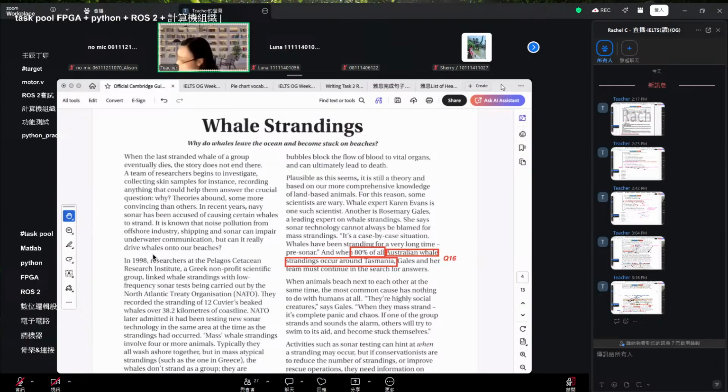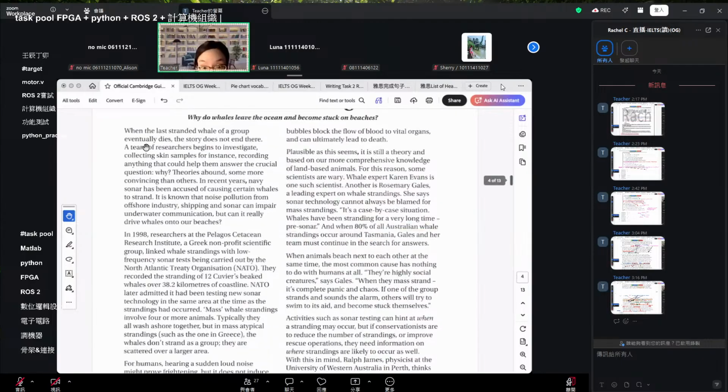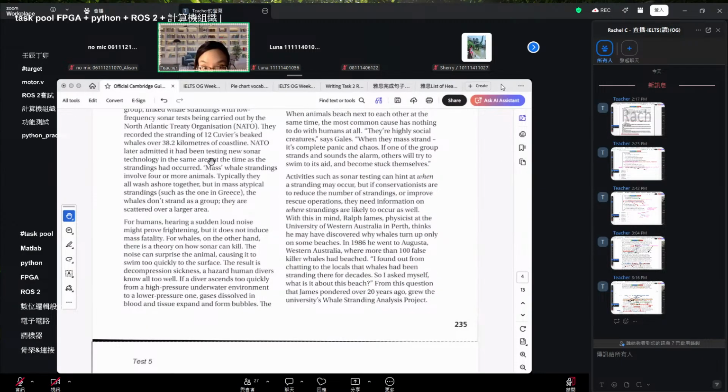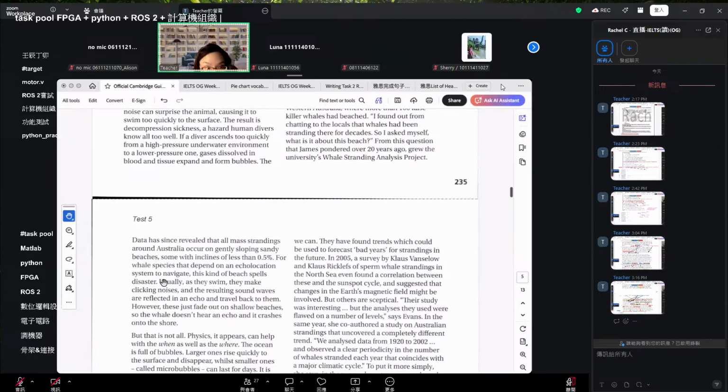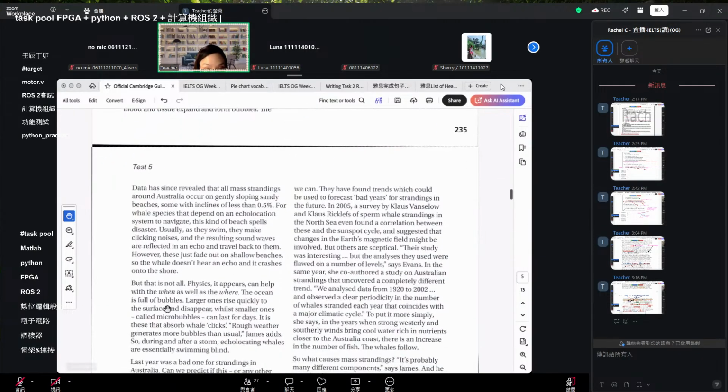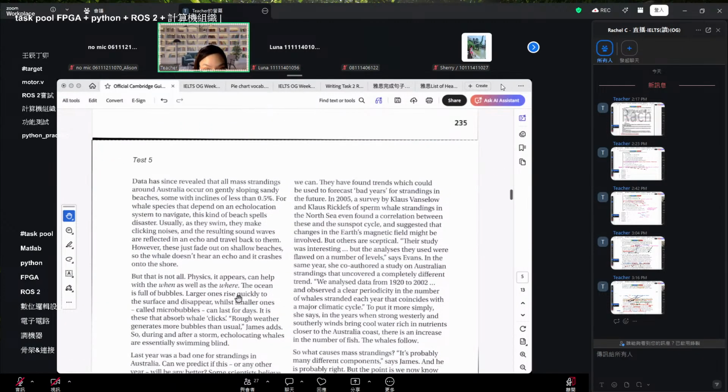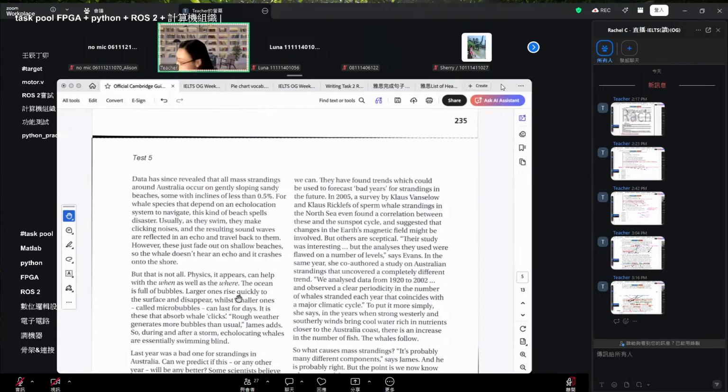And we need to go further for question 17. What kind of whale was the subject of a study in the North Sea? So we need to look for the ideas for North Sea.